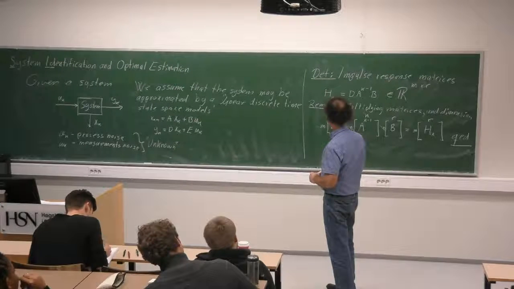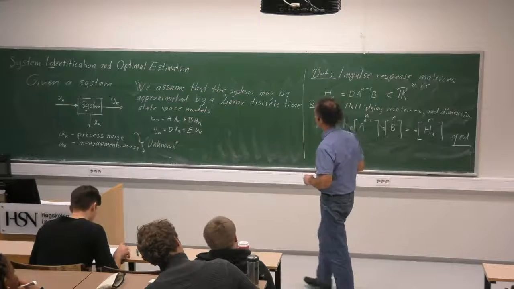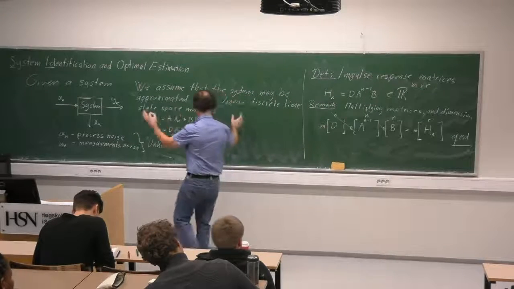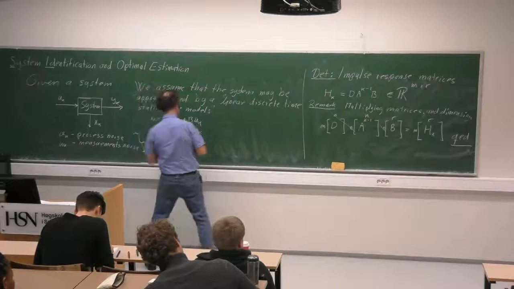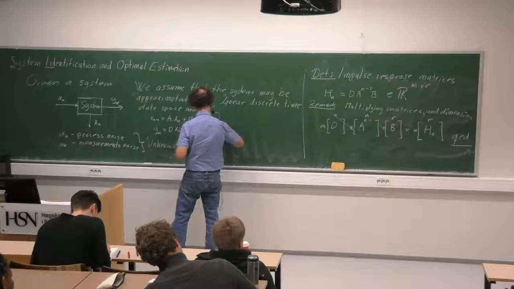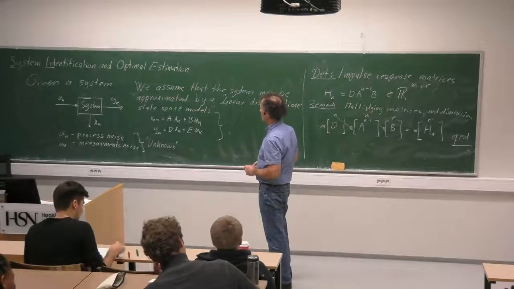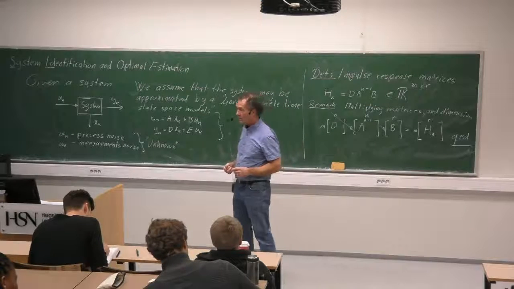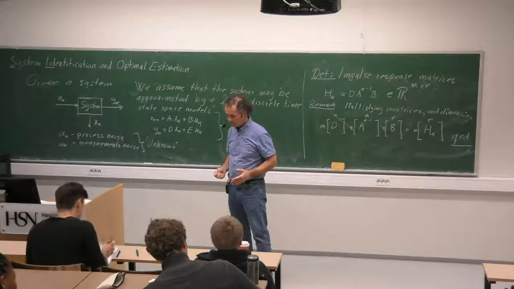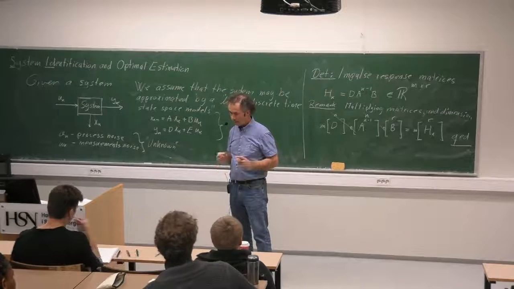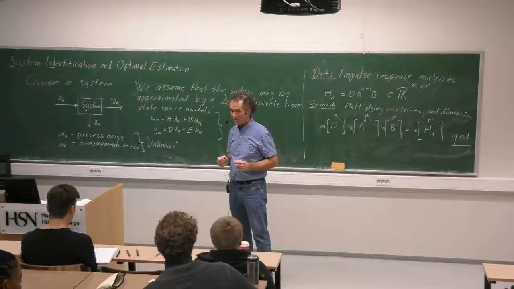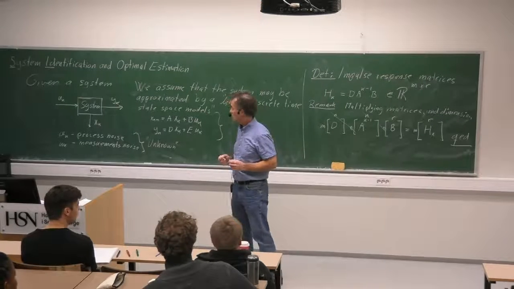Why are those impulse response matrices important in a model like this? This model is called a deterministic model. You see, a model without the influence of noise can be defined as a deterministic model. Everything is known.